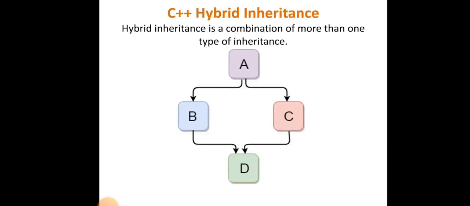And hybrid inheritance. Hybrid inheritance is the combination of more than one type of inheritance model. Here, class A is the base class. Inside the class, we have get A member function, and class B is the derived class.